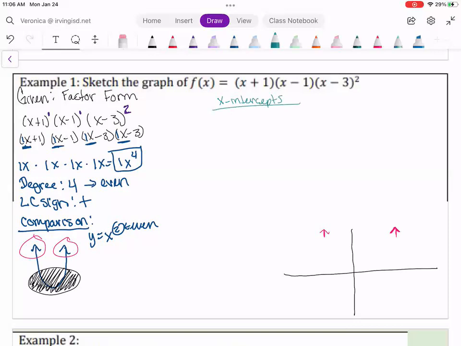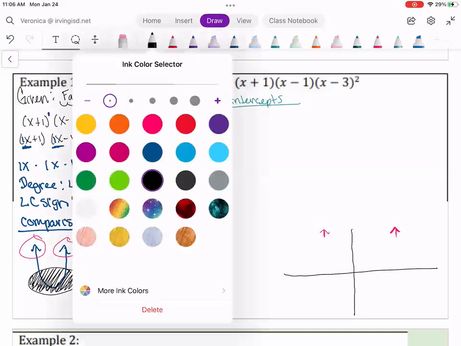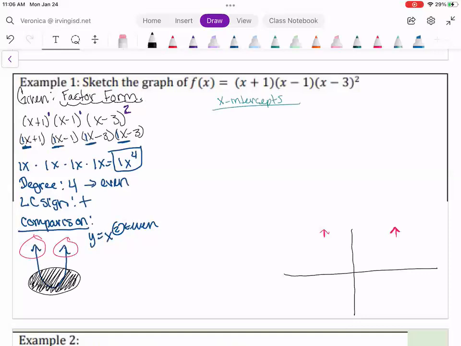So when it's in factor form, right? Remember, we have factor form, right? When it's in factor form, the x-intercepts are really easy to find. All we have to do is use zero product property.